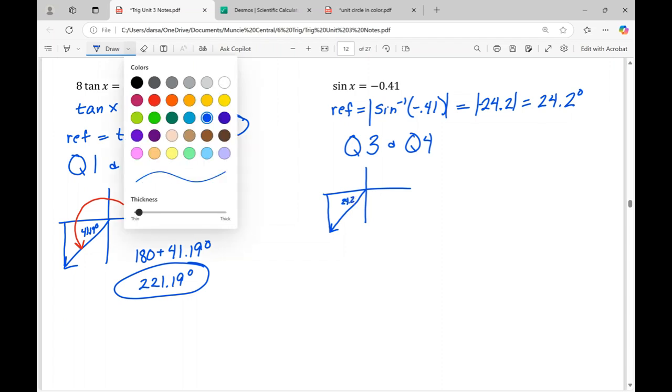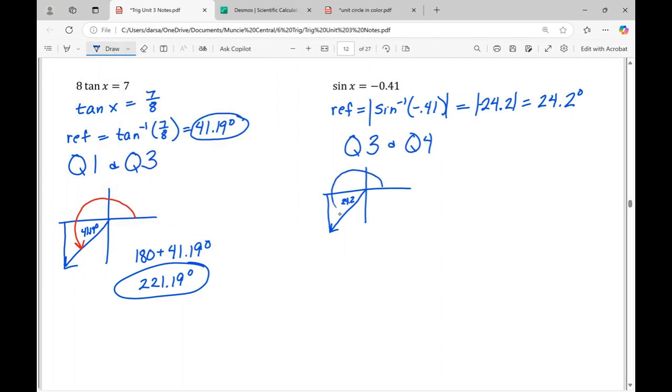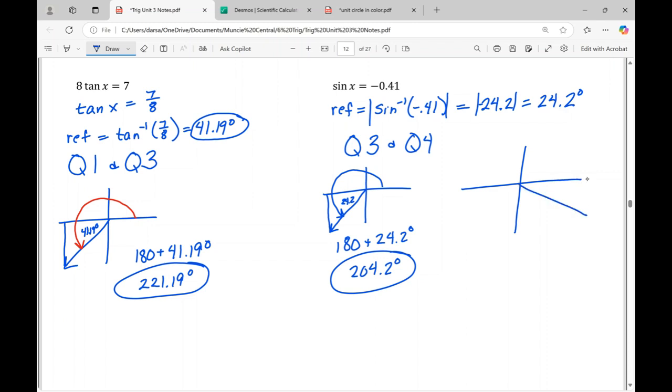And we want the angle that goes all the way from the positive x-axis to the terminal side. So we're going to take 180 plus the 24.2 degrees, and that will give us our first answer of 204.2 degrees.